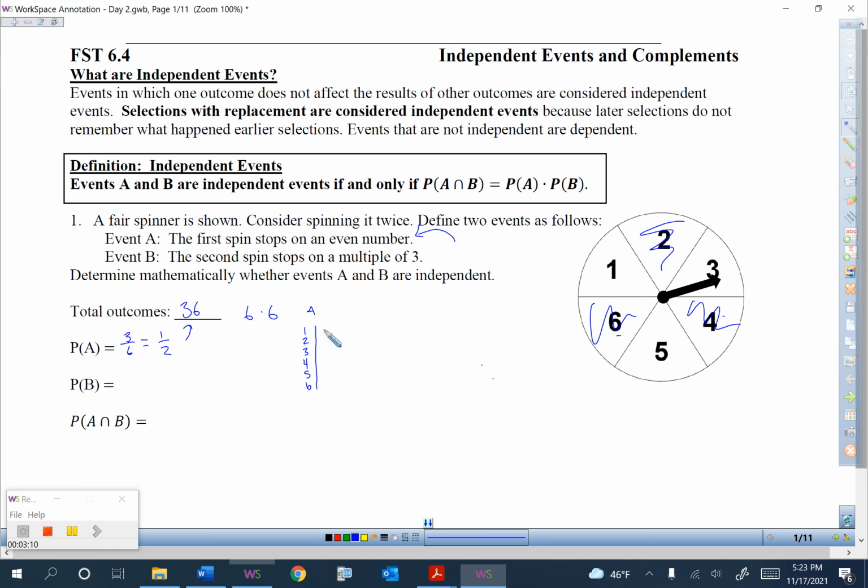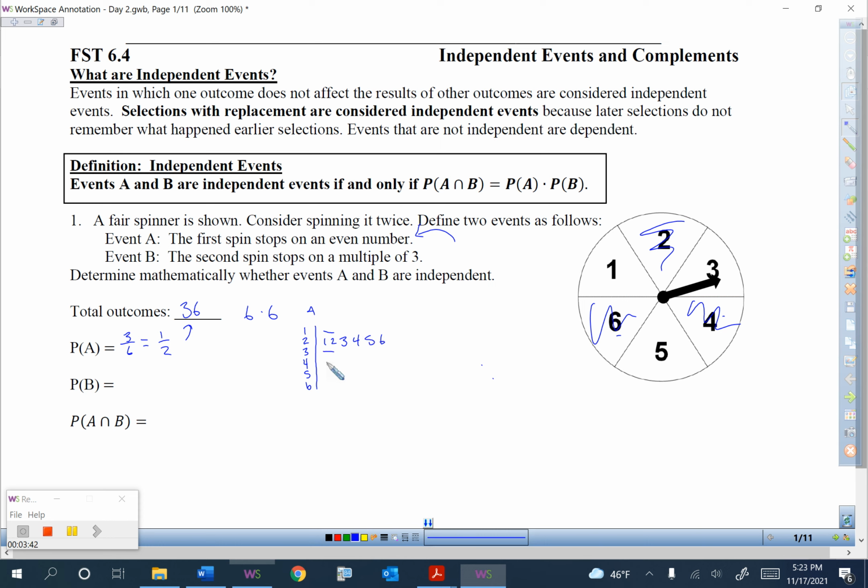So I could get a 1 with a 1, a 2, a 3, 4, 5, 6. But this is event A, so we're only going to write the ones that work. Event A says the first one stops on an even number, meaning nothing with 1 would work. But with 2, I could have any number because the first spin has to be even. It didn't say anything about the second one. So 1, 2, 3, 4, 5, 6.